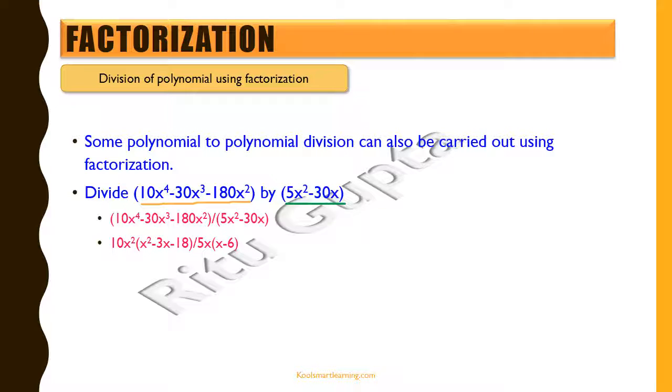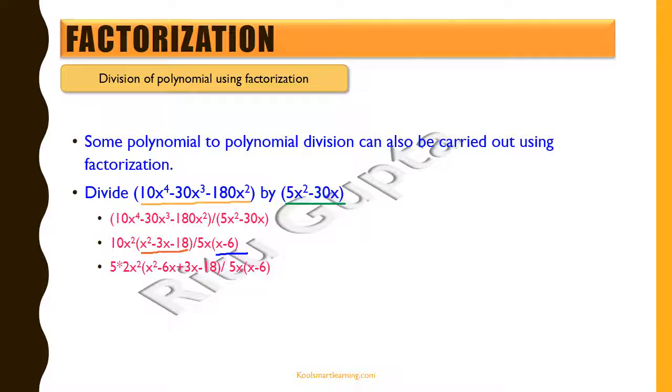So after factorization, it becomes 10x square multiplied by x square minus 3x minus 18. Similarly in the denominator, we bring out 5x as the common factor and we get x minus 6 in the brackets.